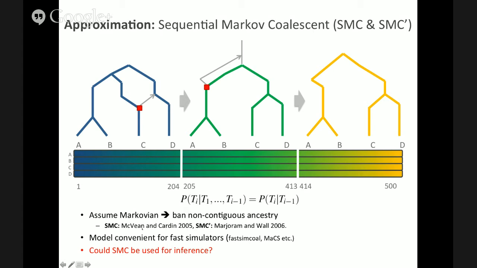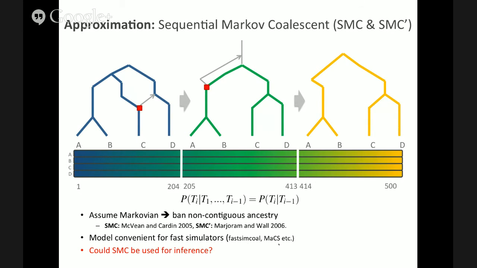And there's been two formulations of this approximation called the sequential Markovian coalescent, and then a slight modification to it based on exactly the way recombinations work. And what's nice about this is that this process is very convenient for creating fast simulators. You have kind of a fixed memory size because you only have to consider the last tree.